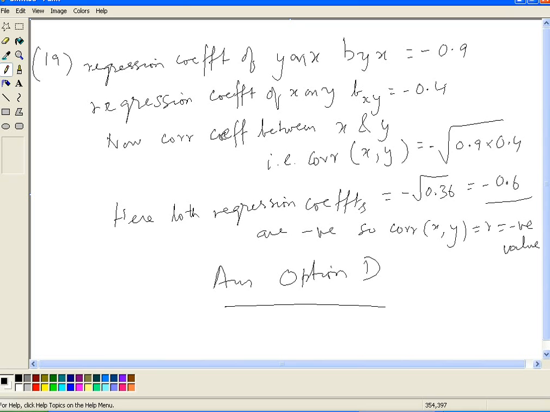Here both regression coefficients are negative, so correlation coefficient should also be negative. So it is minus 0.6. If both regression coefficients are positive, then the correlation coefficient between x and y will also be positive. Here it is negative, so the answer is minus 0.6. Our answer is option D.